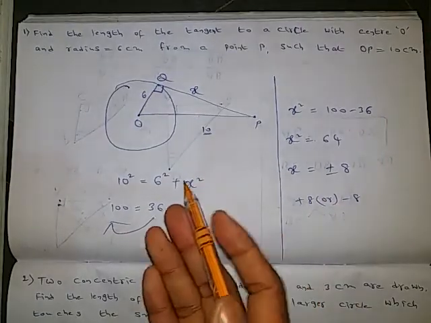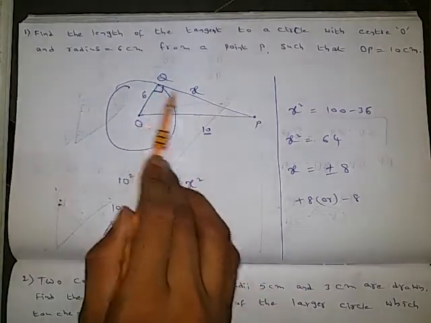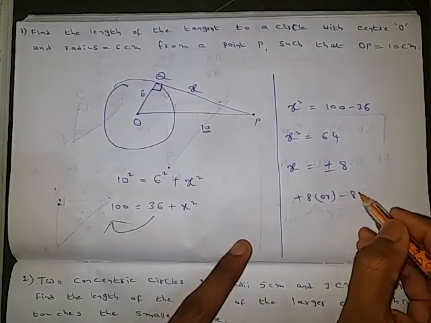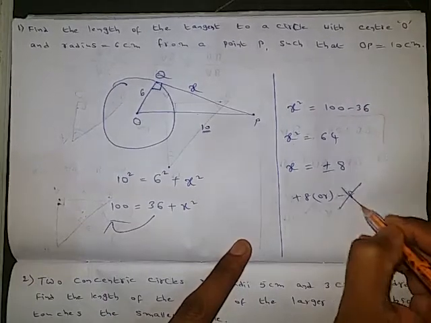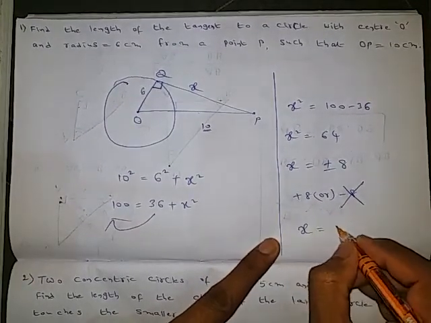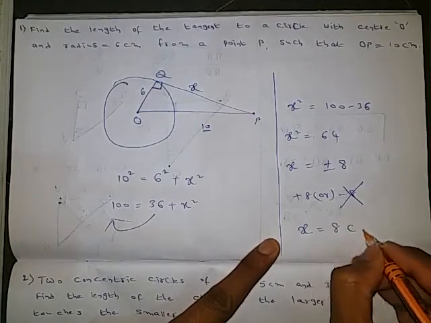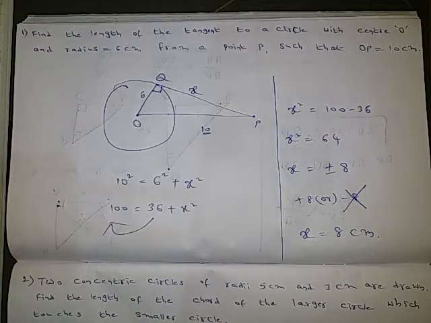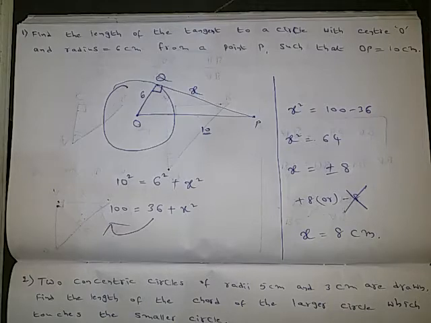But in this question we are discussing the measurement of a tangent, so measurement or length or distance won't be in negative terms ever. So the tangent length is 8 centimeters. Okay, let's move to the next question.